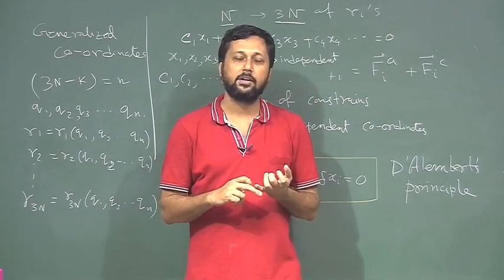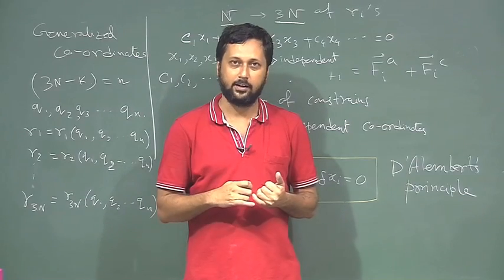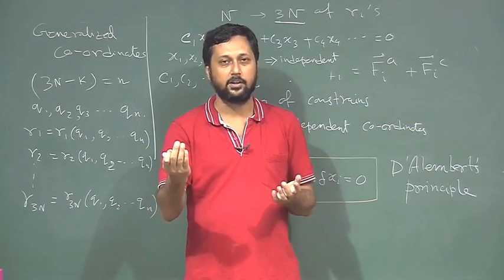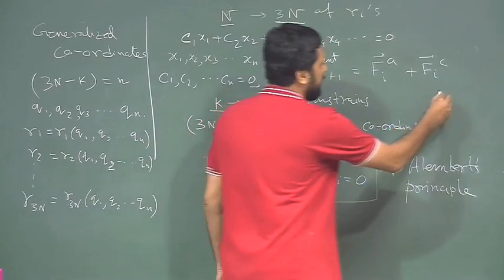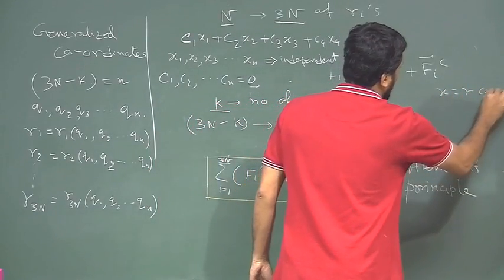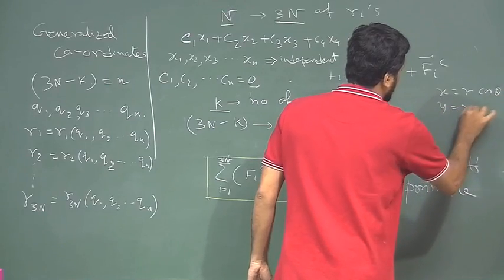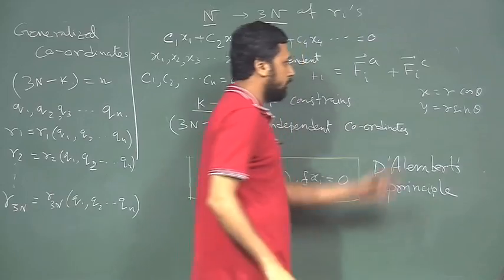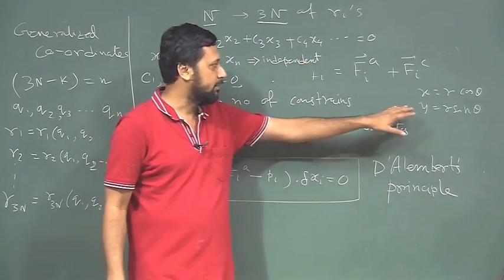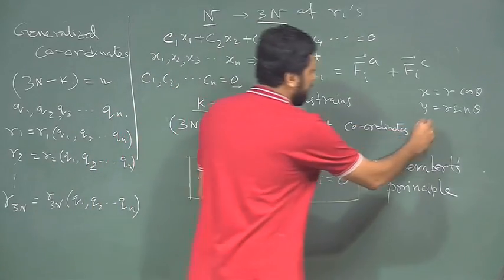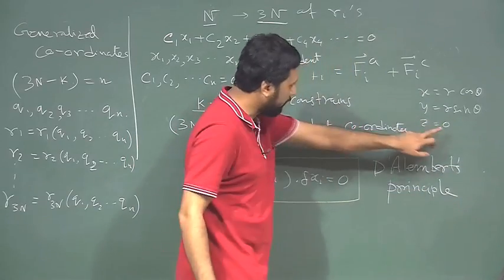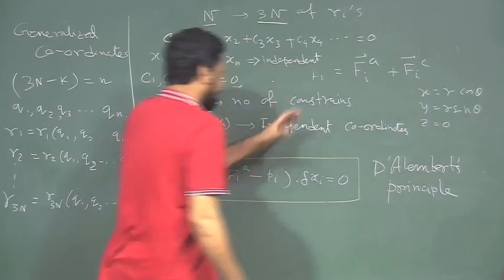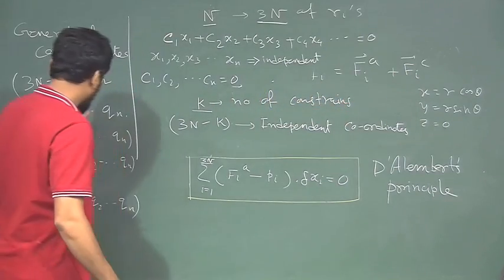So, there must be some connection between x, y, z and r, theta. There are transformation equations that we can always write: x equals r cos theta, y equals r sin theta. Right now we are not considering z, so z is always equal to 0, but this is also an equation. These are the transformation equations we are talking about here.